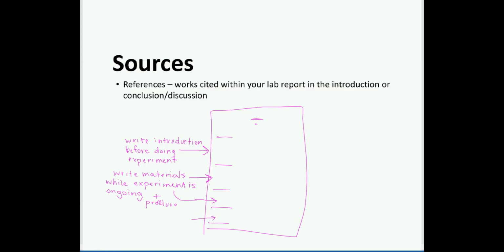And then after your experiment, you'd add the data section, the analysis, and conclusion. And again, besides any sources that you put in the introduction, you'd have that sources section. Let's see, it's down here. I know it's not really technically on my paper I drew, but you'd always be adding to the sources section.